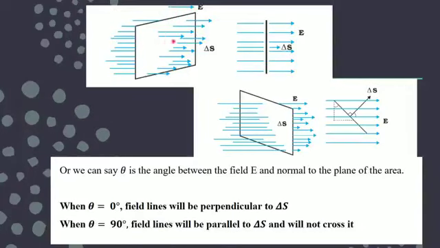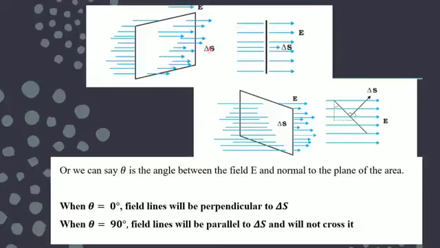If your electric field is in the same direction as the area vector, it means, since the area vector is always perpendicular, E is also perpendicular to the planar area. So the angle between E and S is 0. Theta is the angle between the electric field and the area vector. So theta is 0, field lines are perpendicular to the surface.